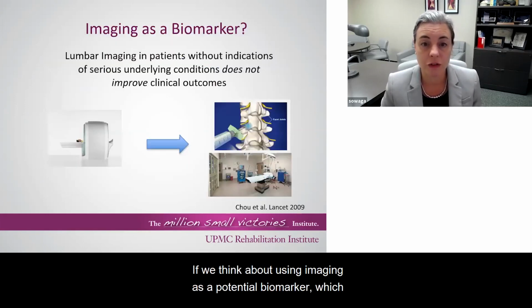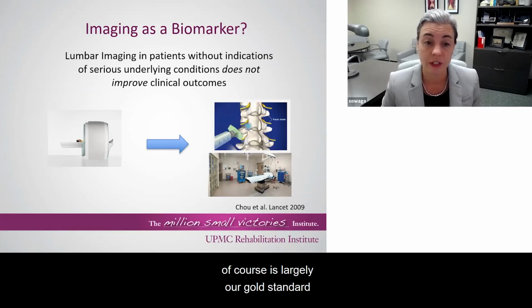If we think about using imaging as a potential biomarker, which of course is largely our gold standard in musculoskeletal conditions, what we know is that imaging of the joint, of the spine, does not give us the entire picture.